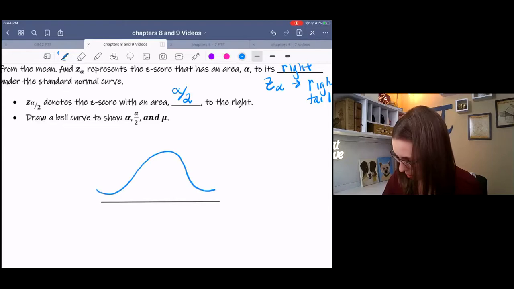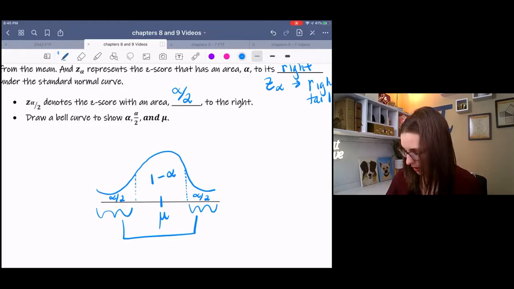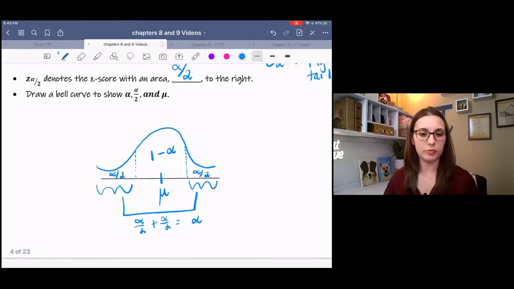So we have a bell curve, mu in the middle, and this is 1 minus alpha, and then this is alpha over 2, and these two pieces added together equal alpha. Hopefully that little picture helps you.